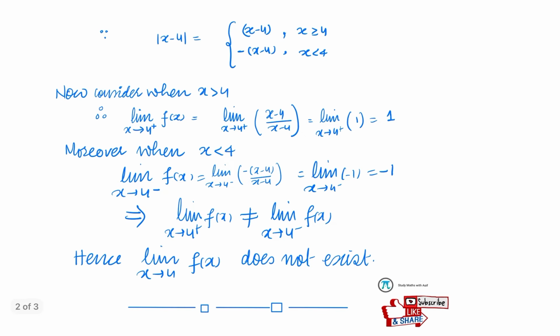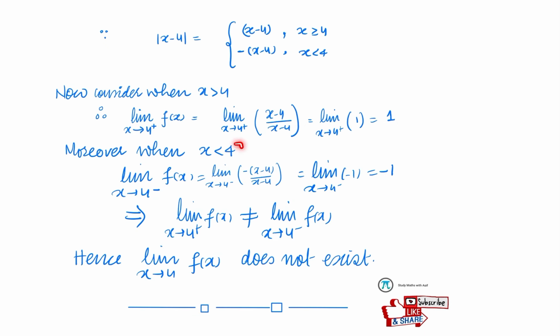Now when you approach 4 from the right, meaning you are considering the points which are greater than 4, this branch of the function will be considered. The denominator will remain fixed, so in the numerator you will have plus (x minus 4). You can cancel it, since these are not the points equal to 4. So this will be 1.